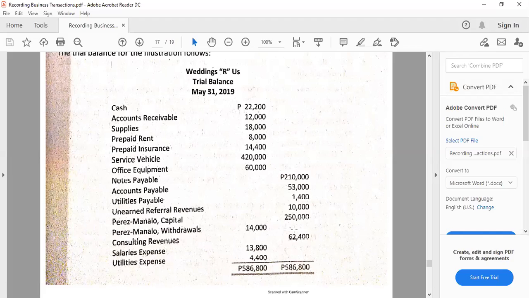We go to the credit. So this is now another point of transition. This is one, from asset to liabilities, then from capital to withdrawals, and withdrawals to revenues. That's the third one. Revenues have normal balances of credit and expenses. So from revenues credit to expenses debit, that's the fourth transition. So be careful for those transitions, guys.